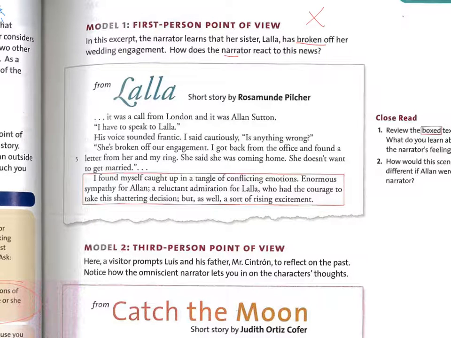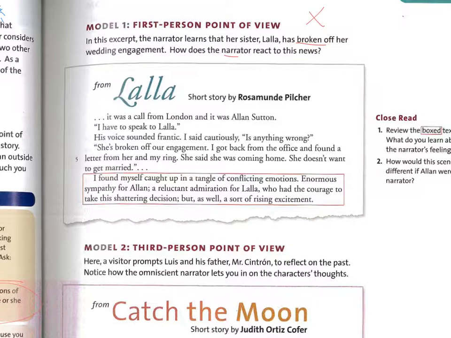Okay, so let's read. It was a call from London, and it was Alan Sutton. "I have to speak to Lala." His voice sounded frantic. I said cautiously, "Is anything wrong?" "She's broken off our engagement. I got back from the office and found a letter from her and my ring.